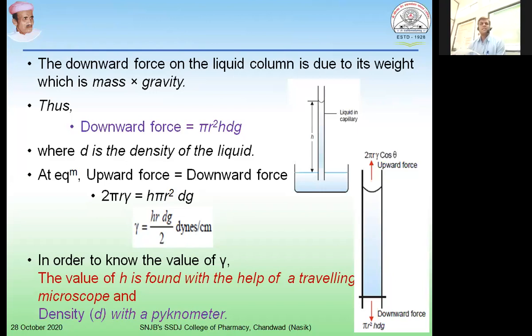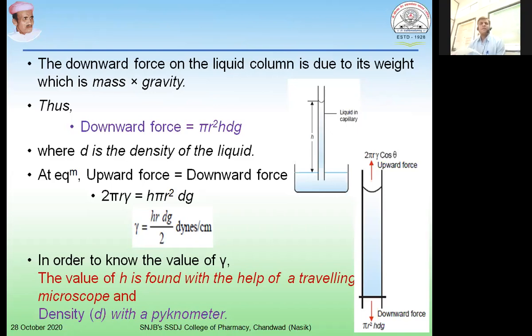So the simple final equation to determine surface tension is gamma equal to h r d g upon 2. Out of this, the height up to which the liquid has risen into the capillary tube can be determined with the help of a traveling microscope.